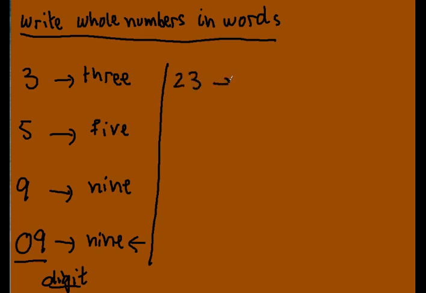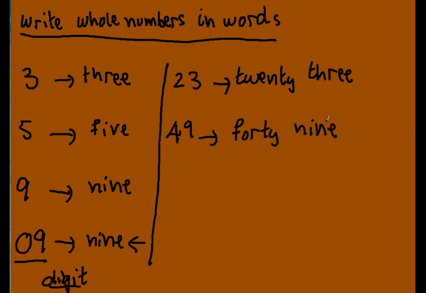Now, let's look at another number here. 23, for example. How would you write it? You would write it as 23. Here's another number. You would write this and read it as 49. Here's another number. You would read this as 54. And here's another one.